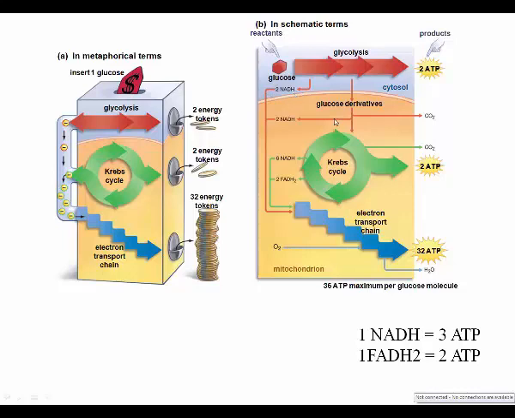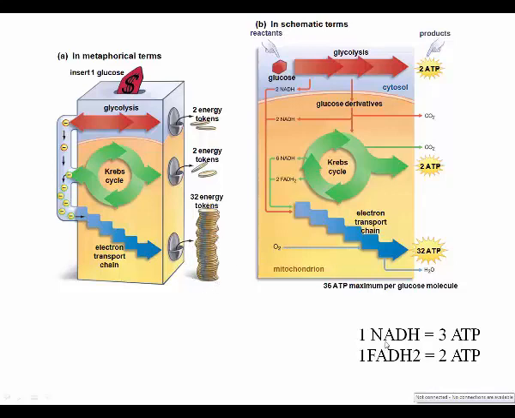Pyruvate oxidation led to more NADH, more high energy electrons that are being stored. And then the Krebs cycle produced the most NADH and FADH2, while still producing a couple of molecules of ATP. At the end of the electron transport chain, where all of these high energy electrons get dumped off, we're going to get many molecules of ATP.